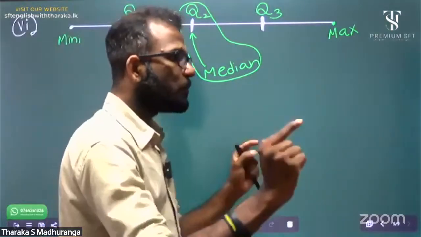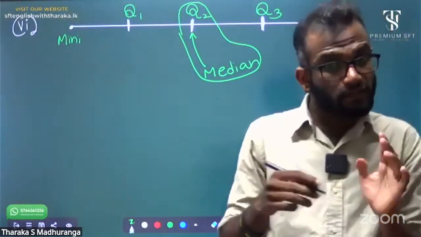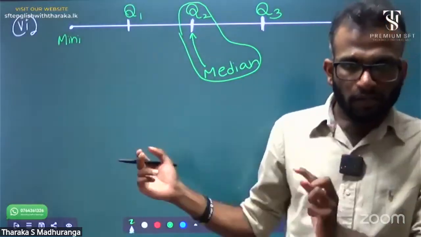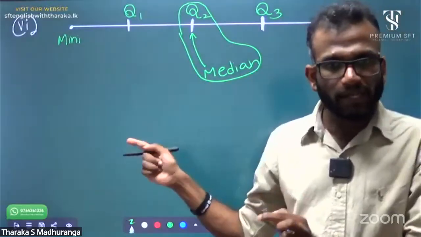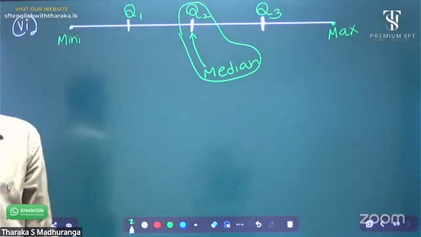The cutting points are the quartiles. The first cutting point is the first quartile. The second cutting point is the second quartile, that's equal to the median. The third cutting point is the third quartile. Understood?